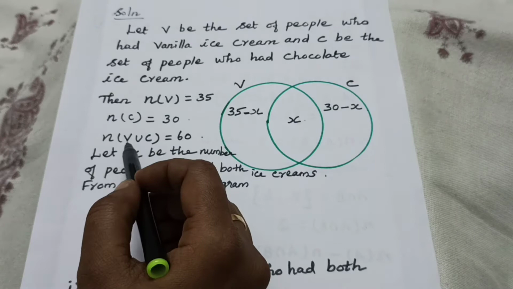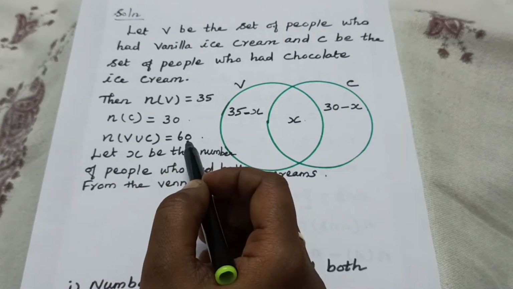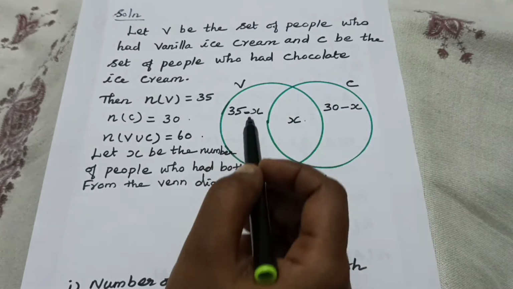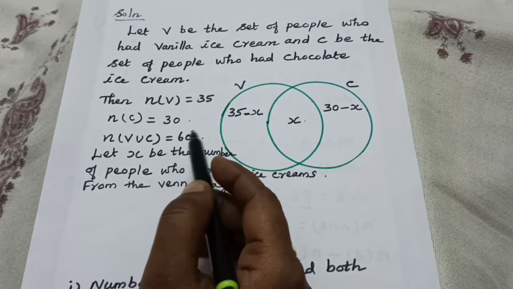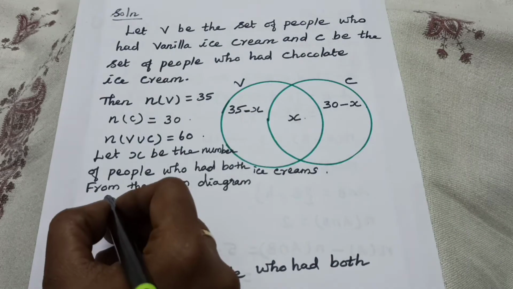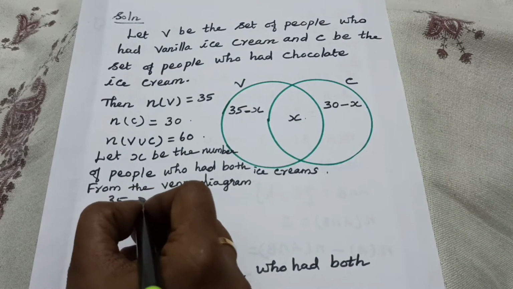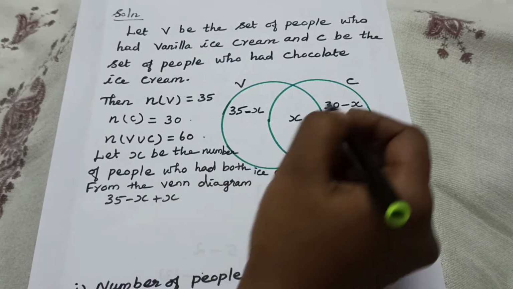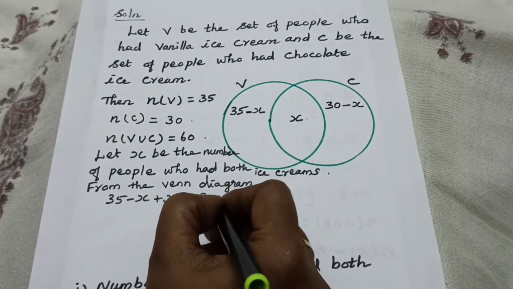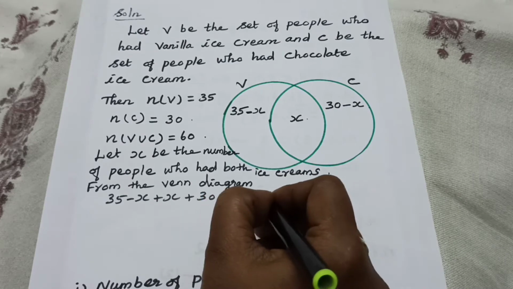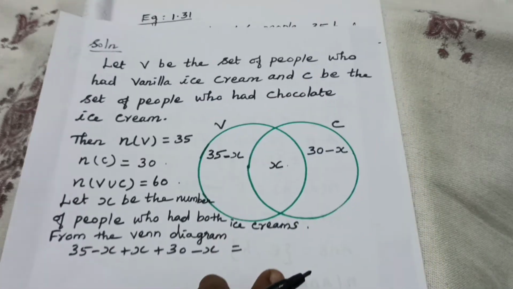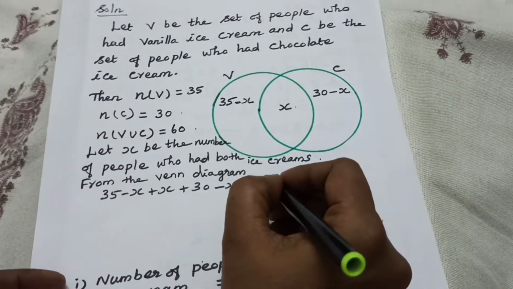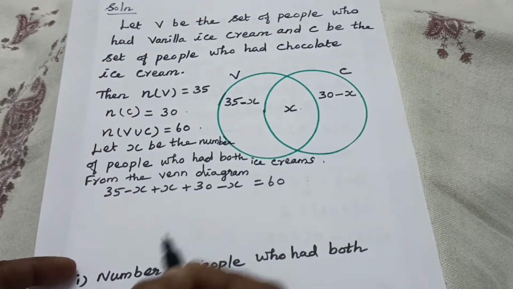Then n of V union C, what is given? 60 is given, isn't it? This one together, how many? 60. That means we can write this 35 minus x, plus this x, plus 30 minus x is equal to how many people? 60 people, isn't it? Then 60.